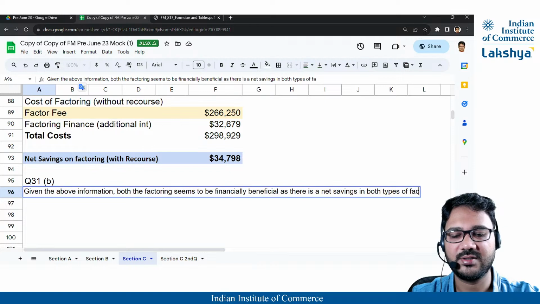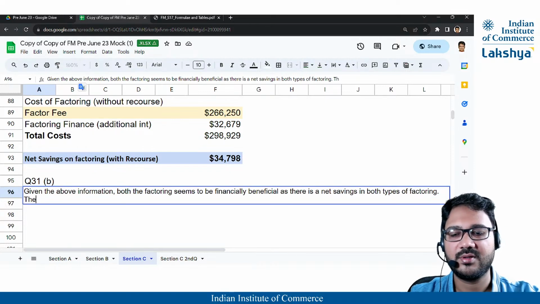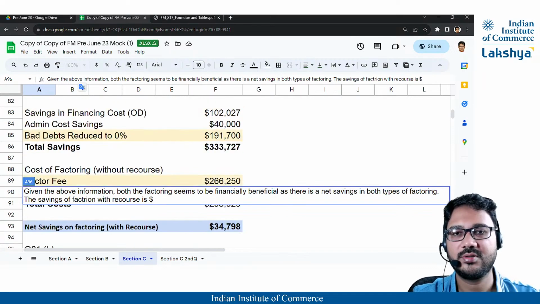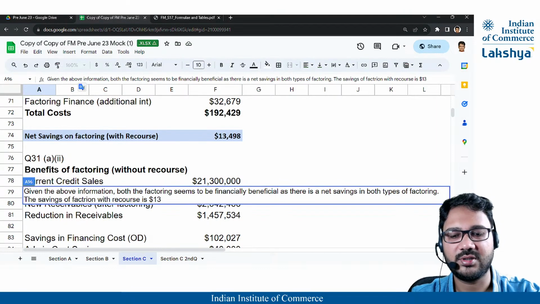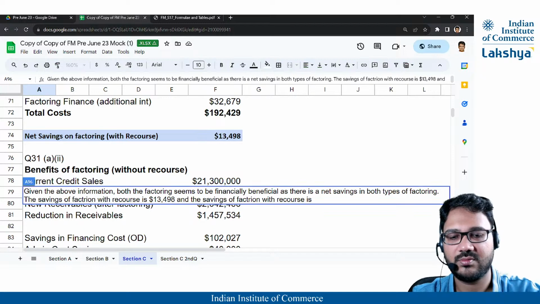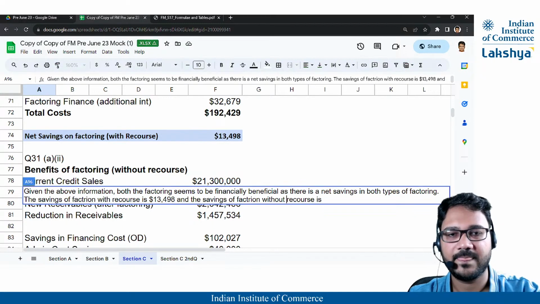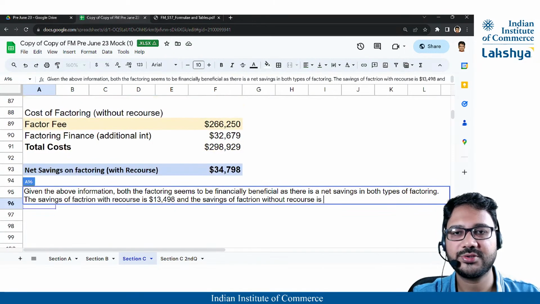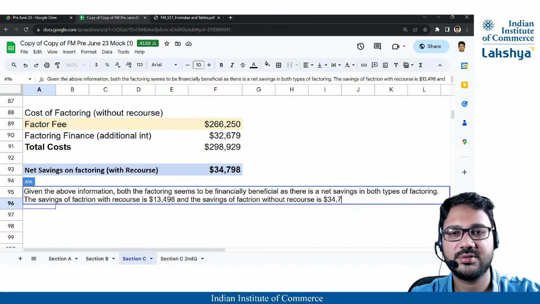The savings of factoring with recourse is $13,498, and the savings of factoring without recourse is $34,798.